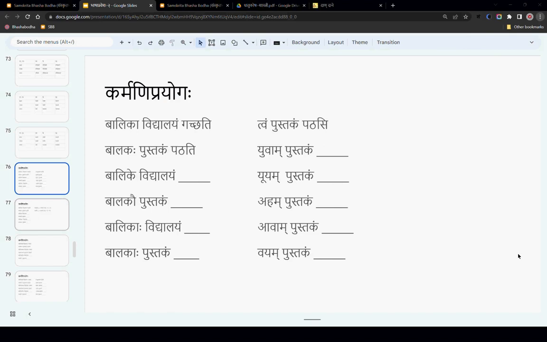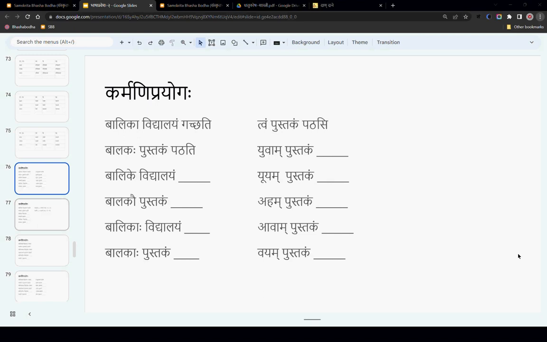Any question? Okay, one example, let's say, we saw the example, he writes a letter. So a letter is written by him.